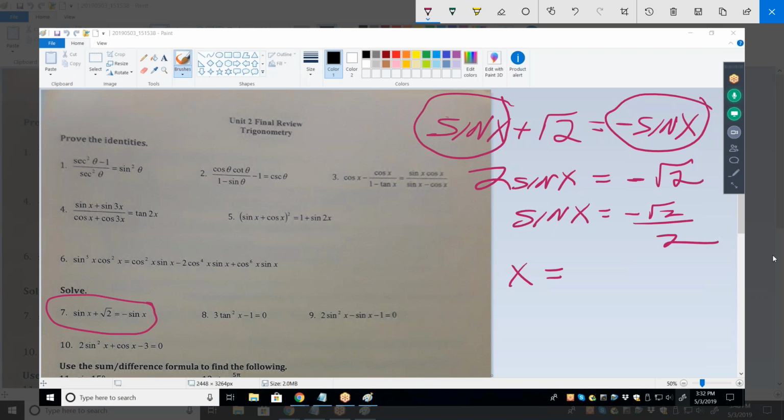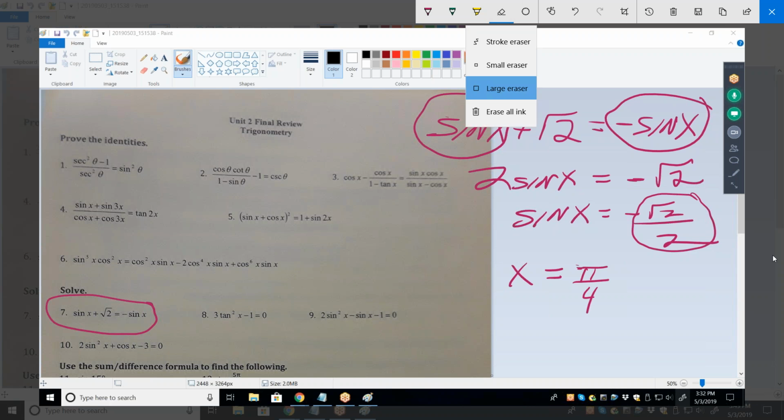And we know that the sine of that angle is root 2 over 2. What's the first quadrant angle where that's true? Pi over 4. Okay. No, you're absolutely right. But that would be if it was a positive root 2 over 2. This is a negative. Right. So what quadrant is sine negative in? The fourth quadrant.